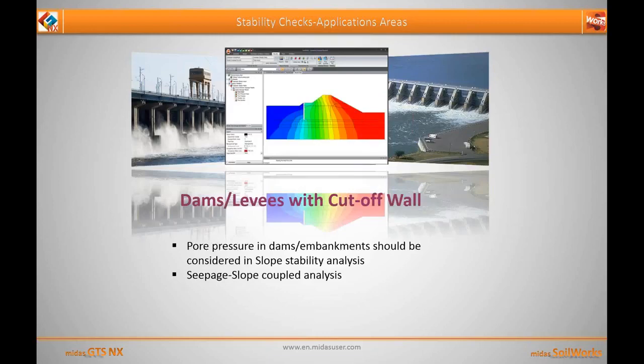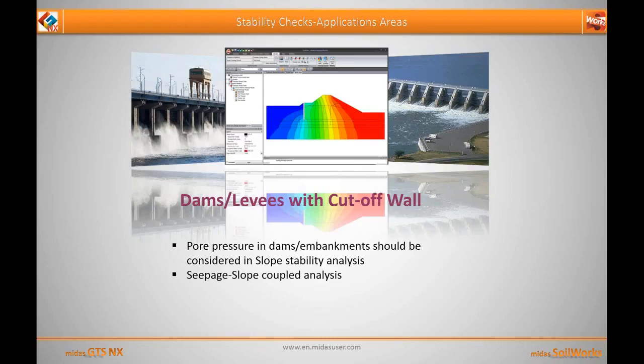Now, dams or levees with a cutoff wall. Dams are basically structures in which almost all geotechnical analyses need to be performed, whether it is consolidation, seepage, or slope stability. But the important thing with slope stability analysis in dams is that you should be able to consider the pore pressure variation within the dam while performing the slope stability analysis.